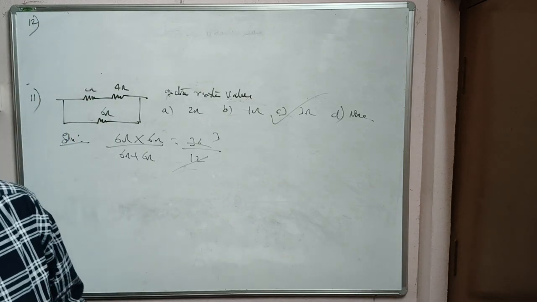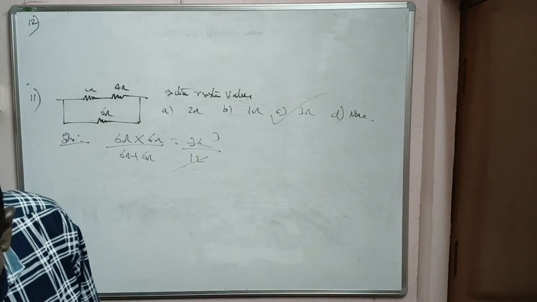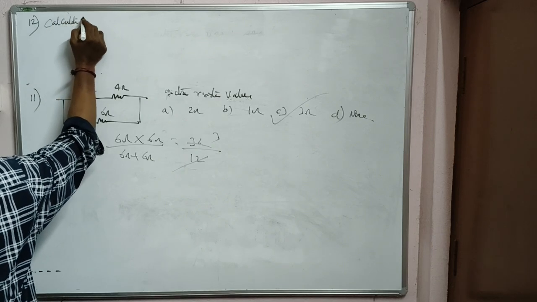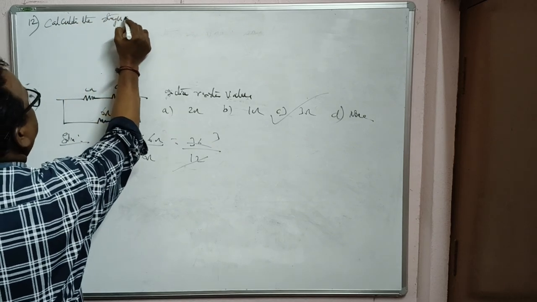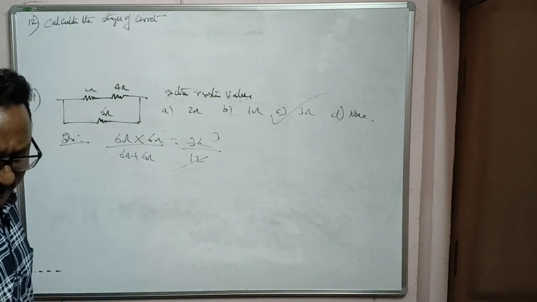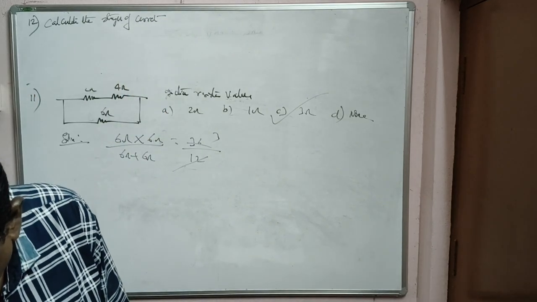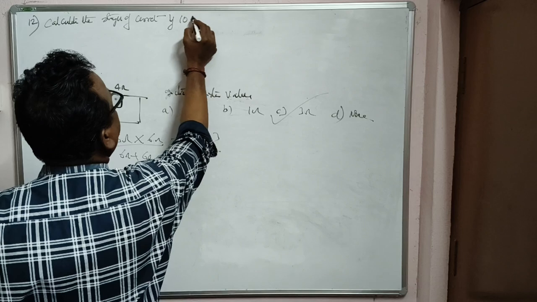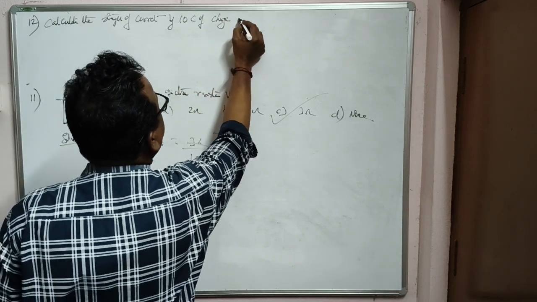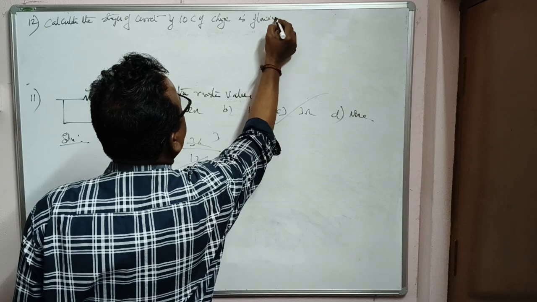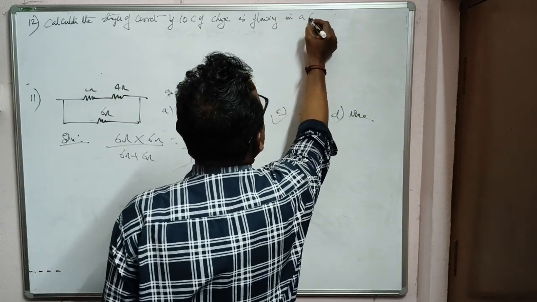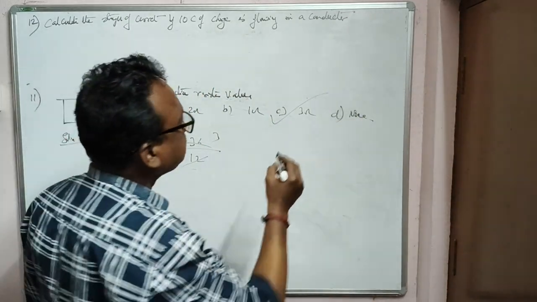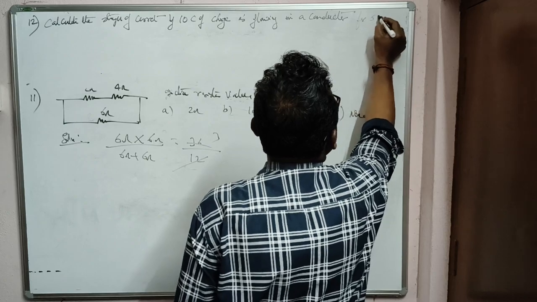12th problem, please. The 12th one is asking you to calculate the strength of current, that means I value, if 10 coulombs of charge is flowing in a conductor for 5 minutes.